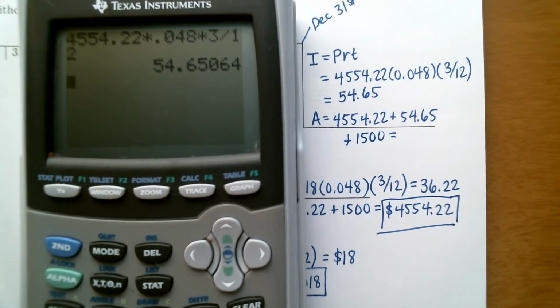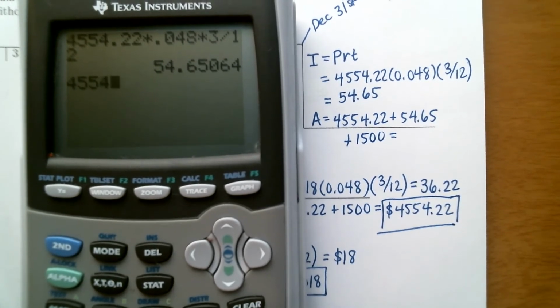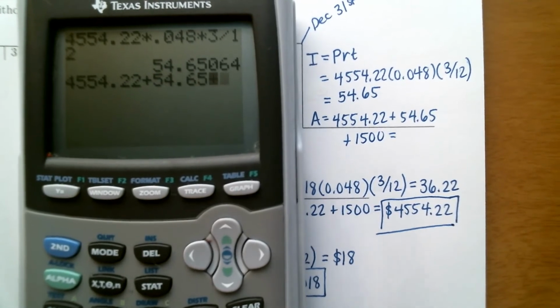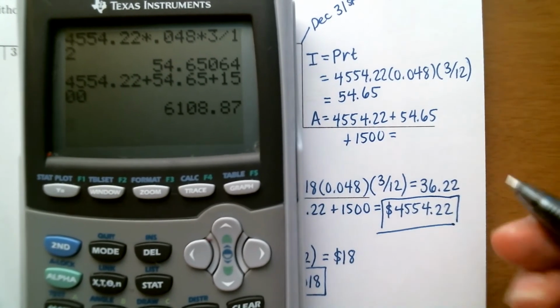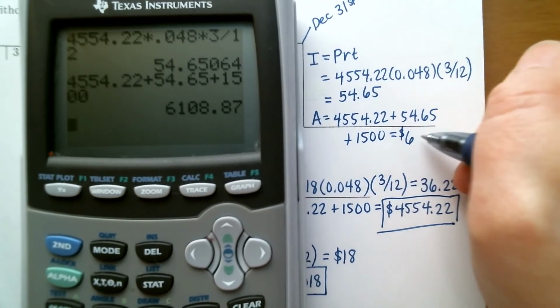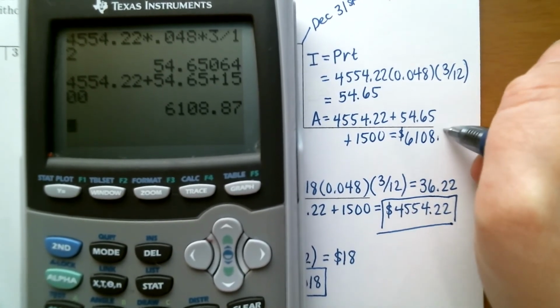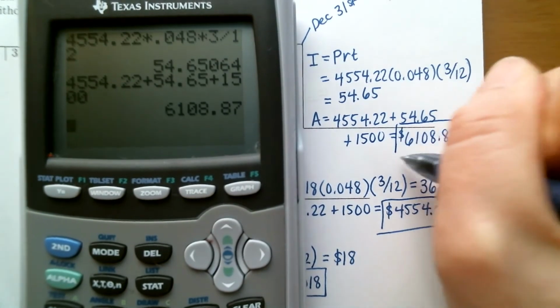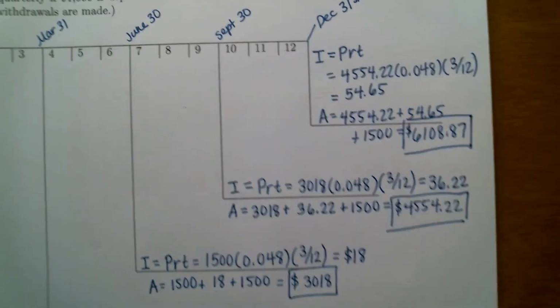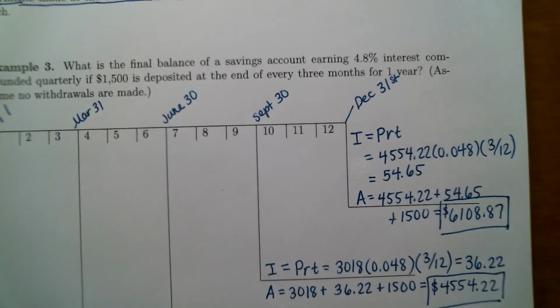So let's add this up. And we get a grand total. Our balance after 1 year is $6,108.87. That's how much we have in the account after 1 year.